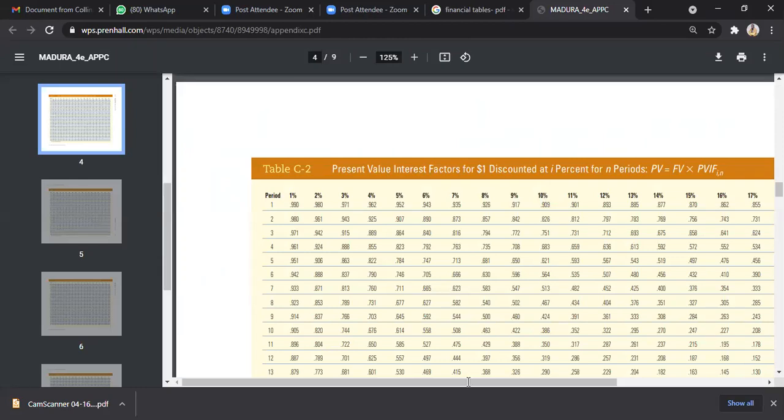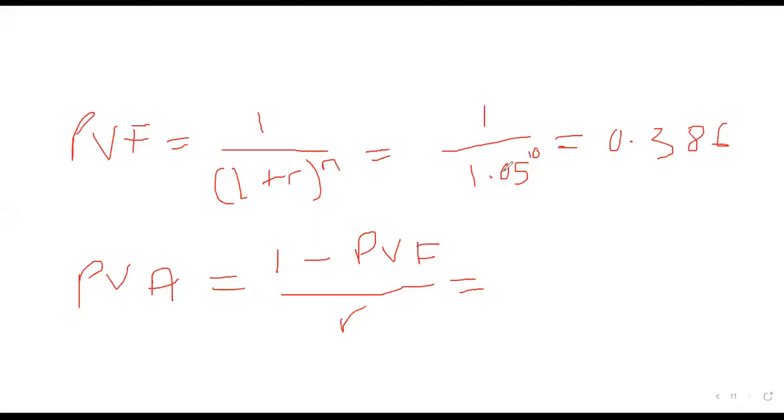What period are we considering? So 5% under 10.